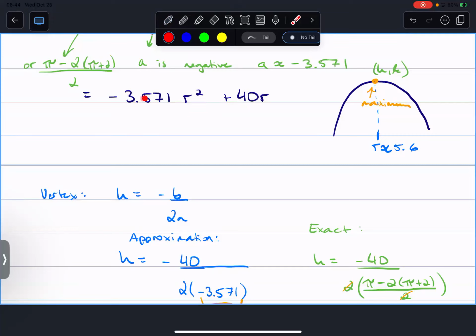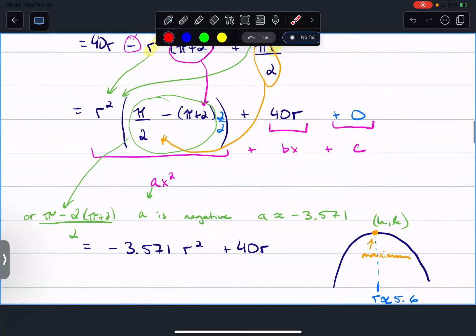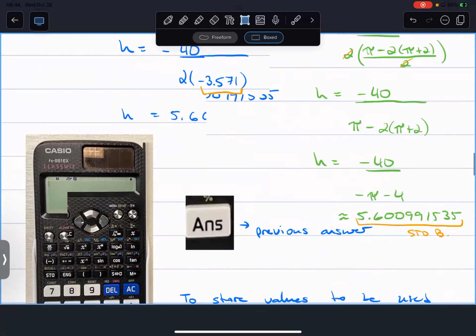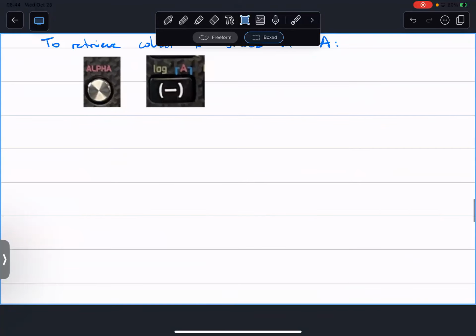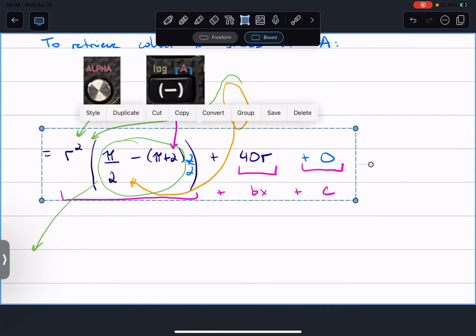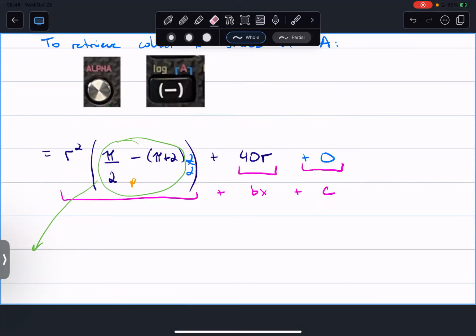So -3.571 R squared plus 40 R at R equal to 5.6, because that's going to maximize my area. So let's see here. I'm going to grab this jumble, copy. Move these.